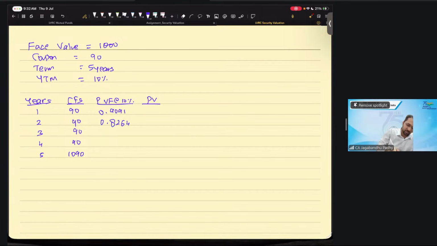Then it is 0.8264, 0.7513, 0.6830, and 0.6209.